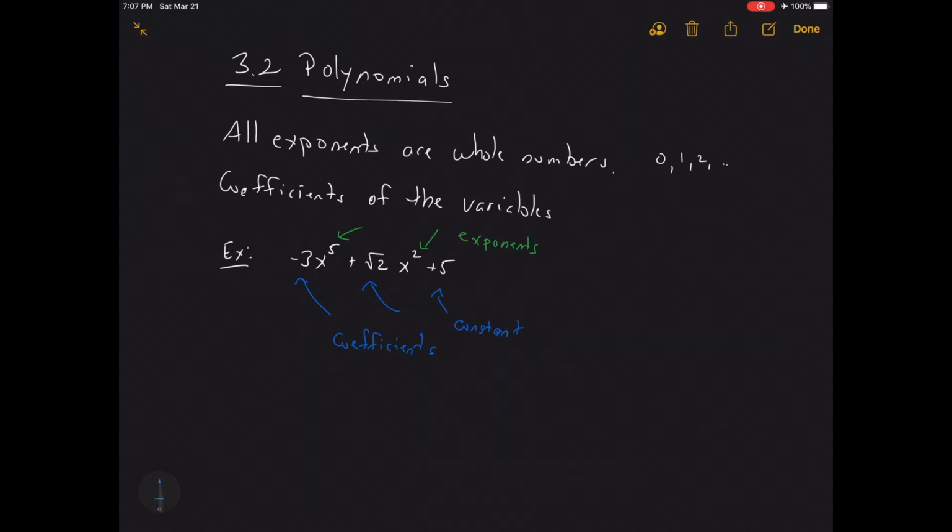Okay, so the reason that I'm giving you these definitions of things is because in order for us to be able to figure out how these polynomial functions are going to behave graphically, we need to be able to know the definitions of coefficients and exponents, because we're going to have to be able to talk about the degree of a polynomial function.